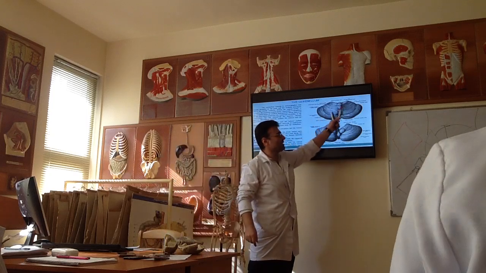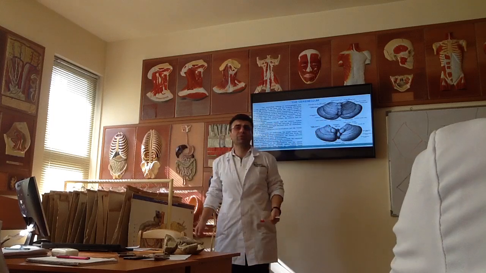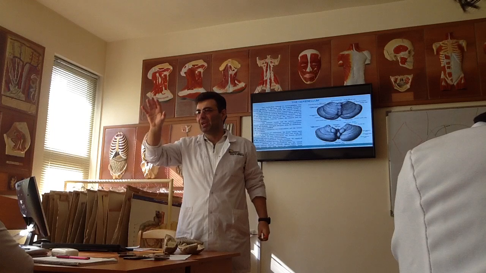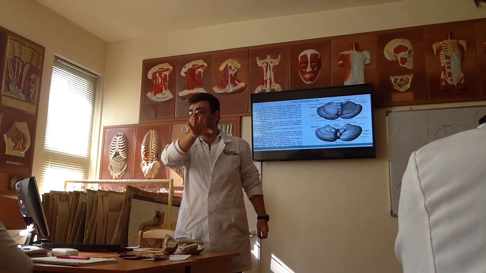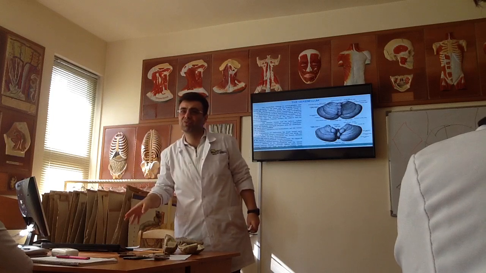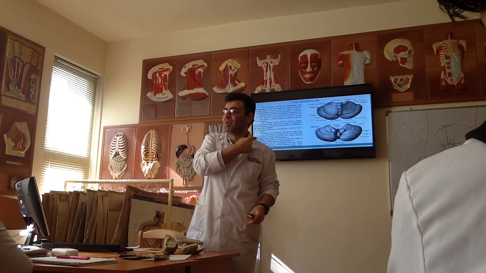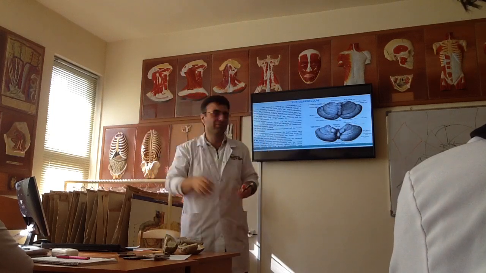Once again, the hemispheres of the cerebellum and the connector part. Inside of our big hemispheres, we have the corpus callosum, which connects the right and left hemispheres to each other. It is transverse fibers. Inside of our cerebellum, it is the vermis which connects the right and left hemispheres.